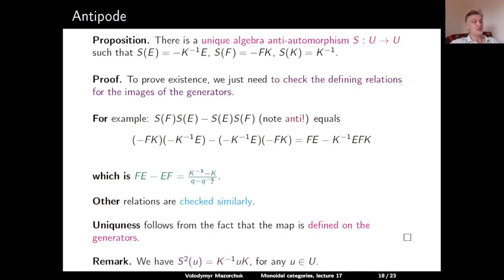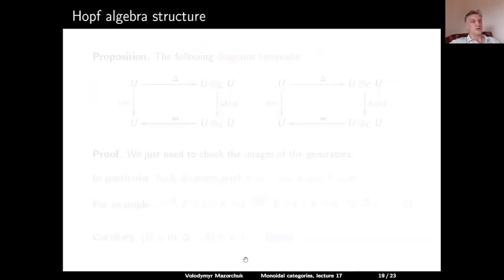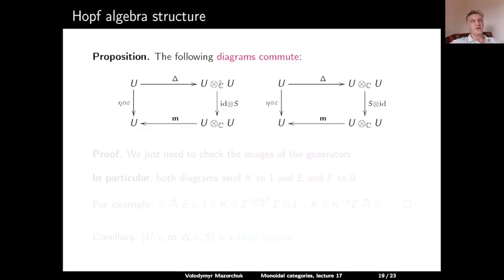One can actually check that the square of this antipode, this is now an automorphism of U, is given by conjugating by the invertible element K. So now we claim that all the above definitions define on U_Q the structure of a Hopf algebra. For this, we need to check the big hexagon diagram for the antipode.